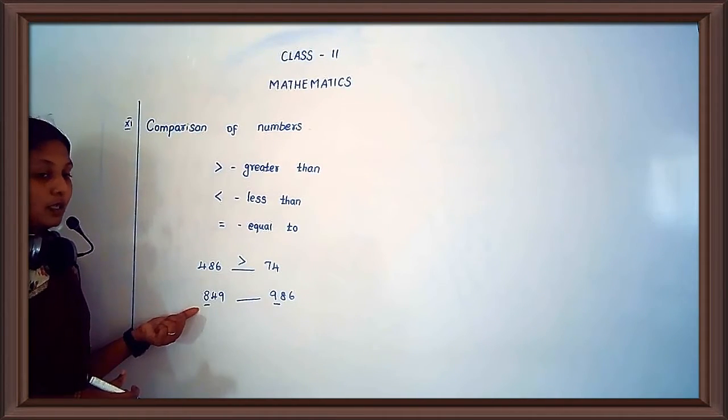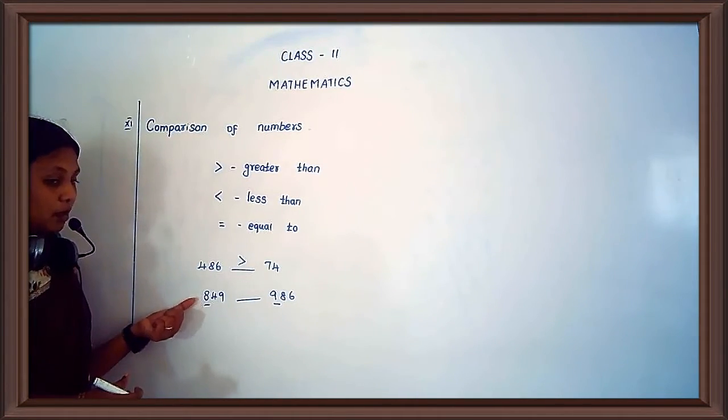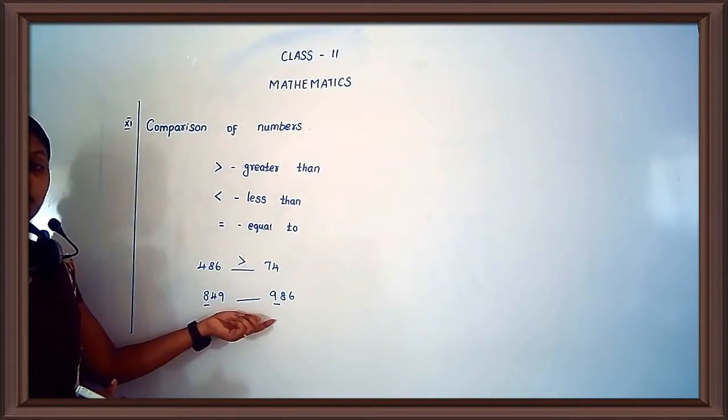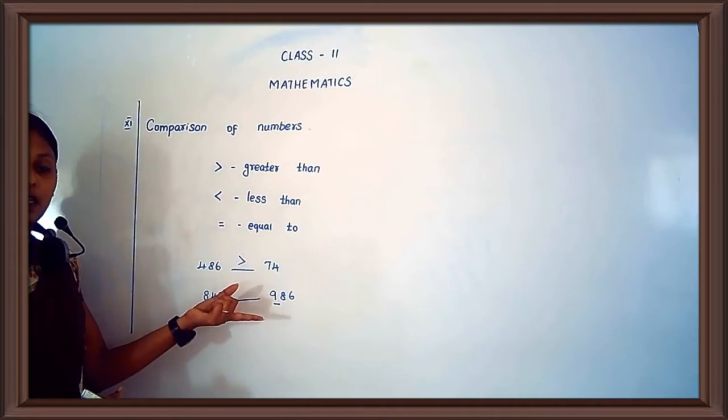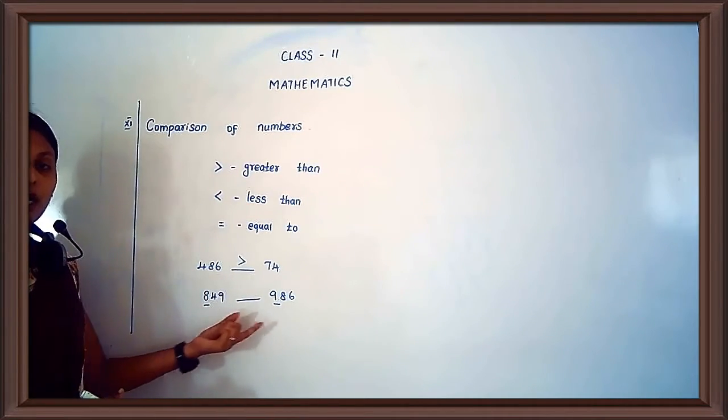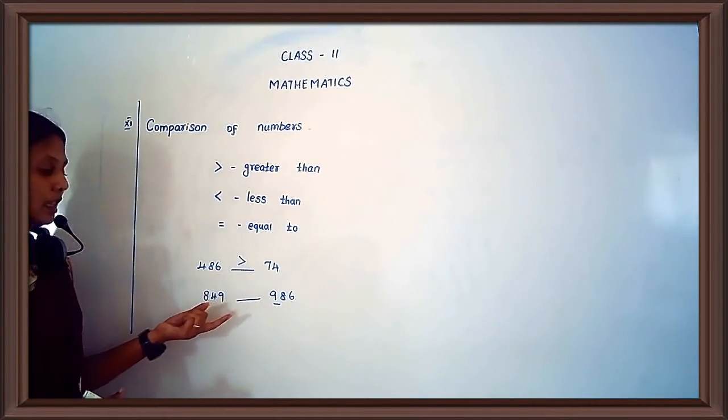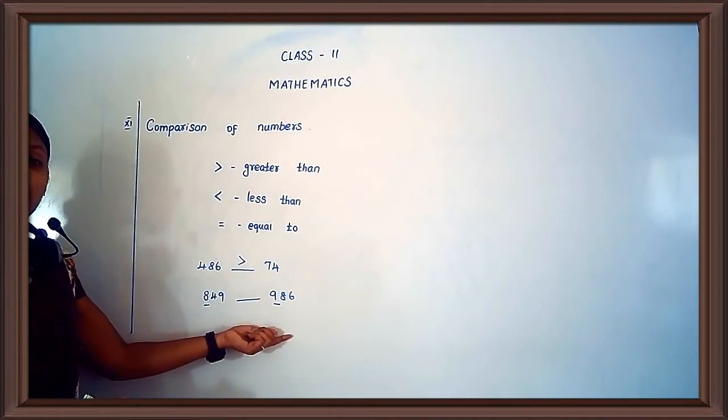First, look at the left hand side digit: 800 here and 900 here. Which is the greater number, 800 or 900? 900. So that side is the greater number.